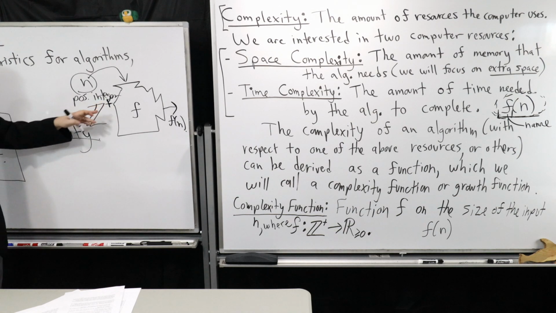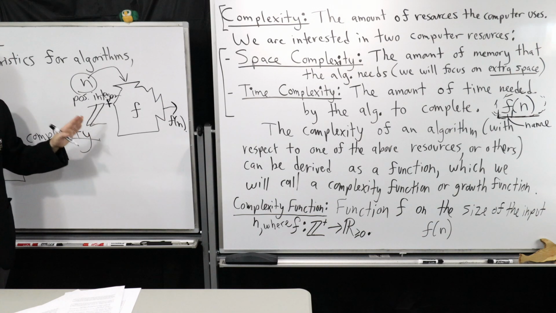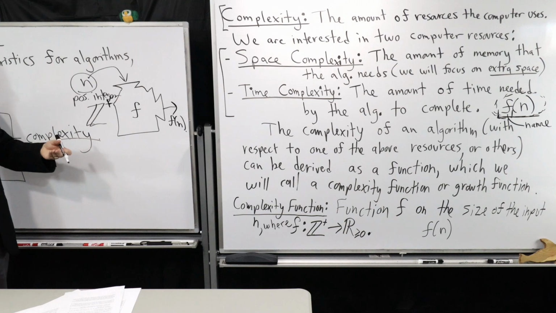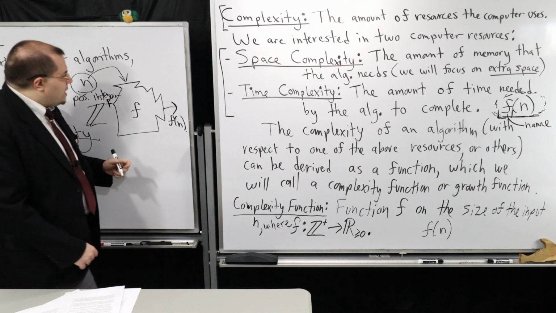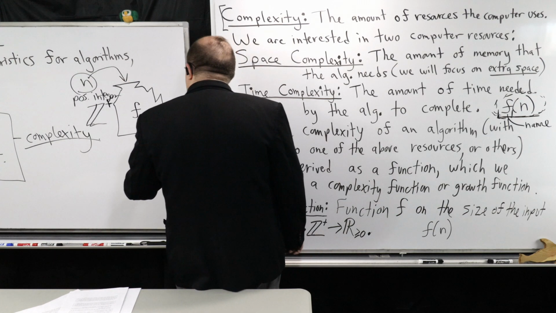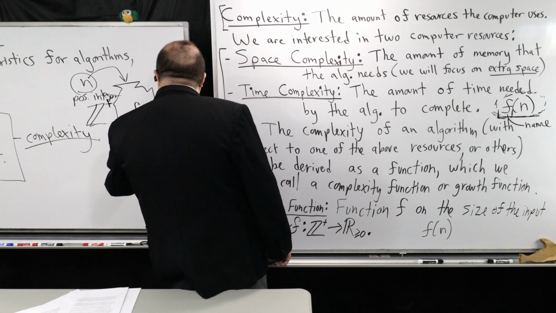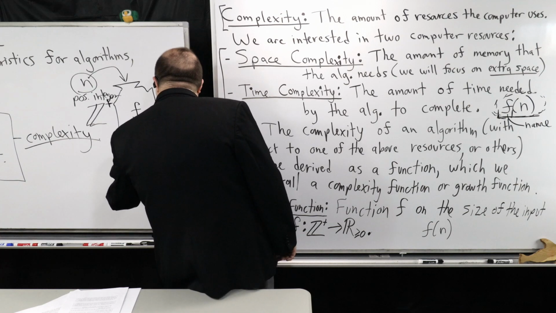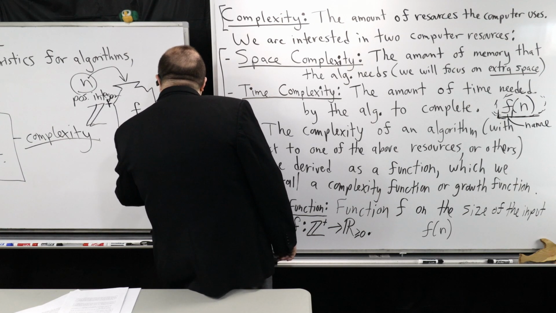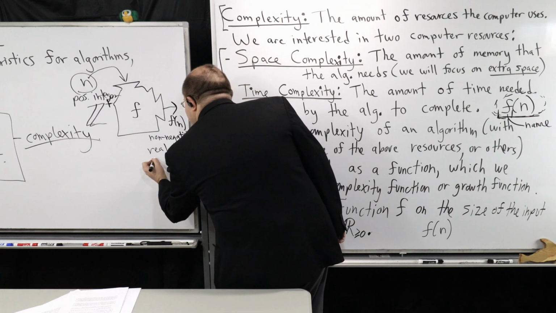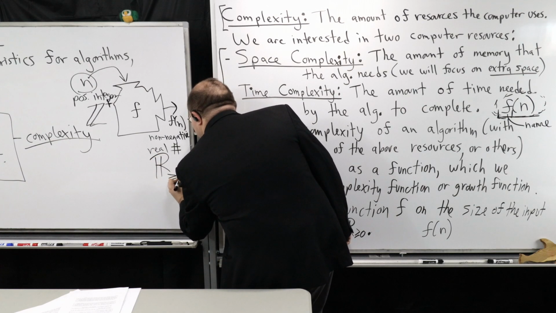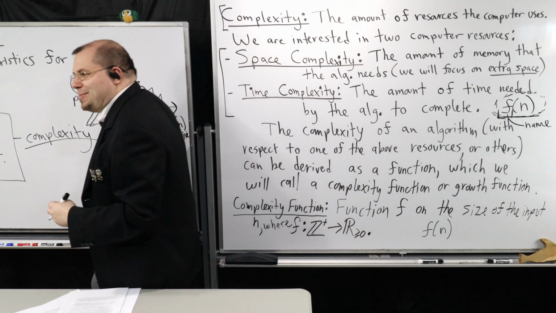If I put a plus there, that means this is the set of all positive integers. So I'm telling you n is a positive integer. It gets put into the function. And as output, I get what we would refer to as a non-negative, meaning it can be 0 or greater, real number.